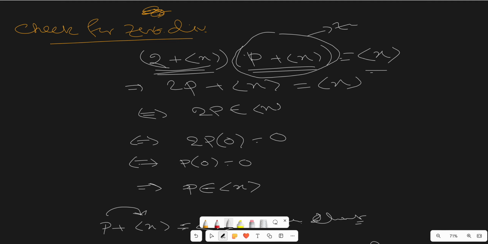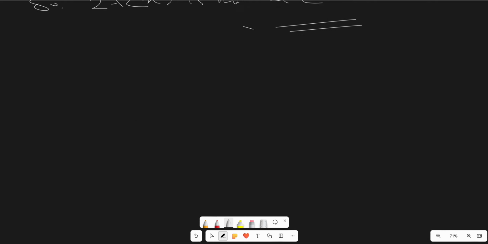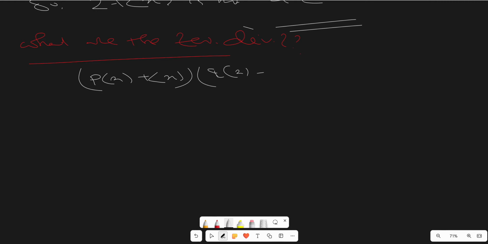Anyway, so what are the zero divisors then in Z[x]? Let's try to find the zero divisors. Suppose that you have p(x) plus the ideal generated by x, and q(x) plus the ideal generated by x, and their product is 0 in the quotient Z[x] by the ideal generated by x.